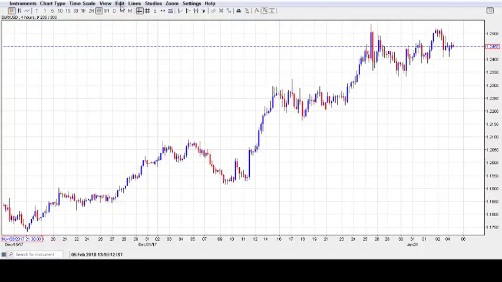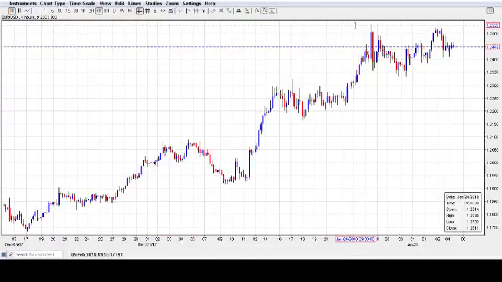In terms of the wave count, we expect that wave 3 got terminated there.